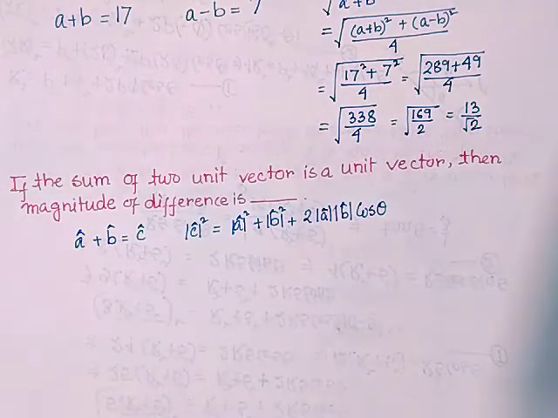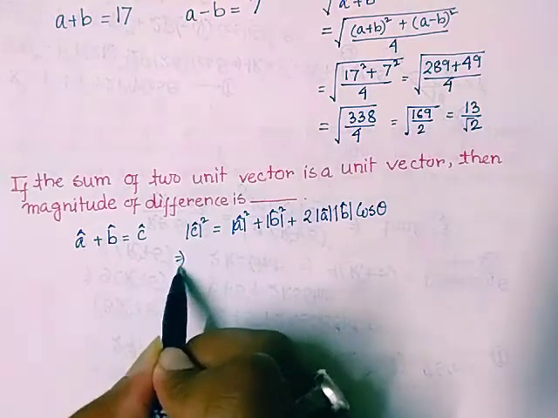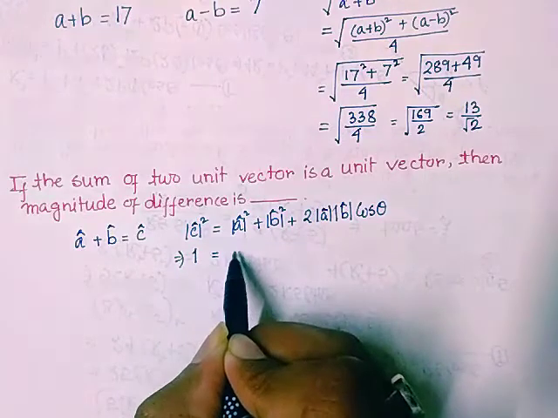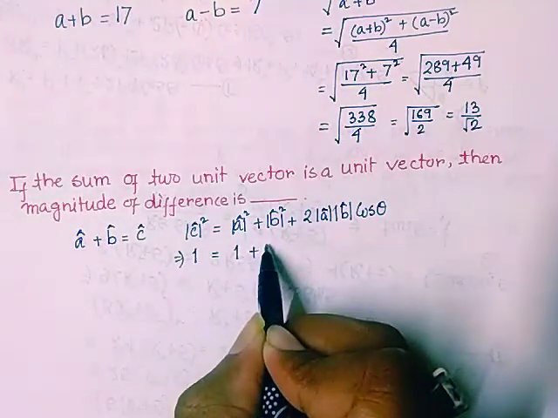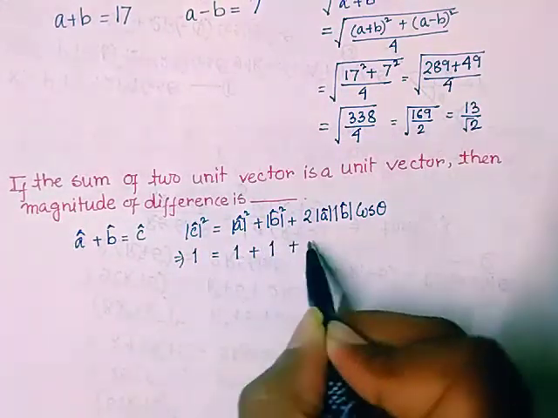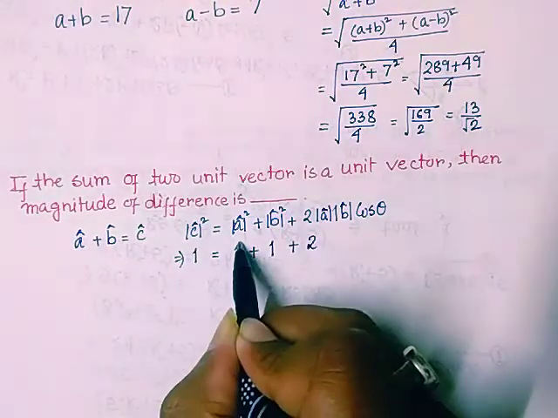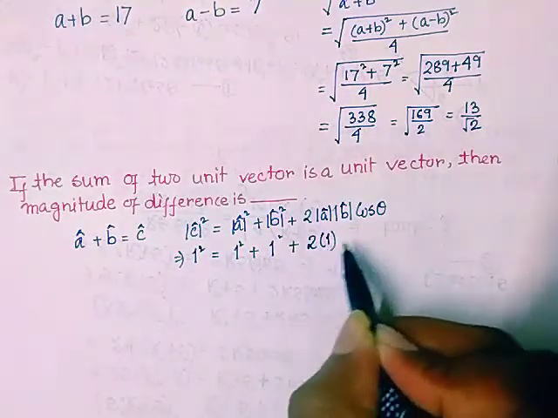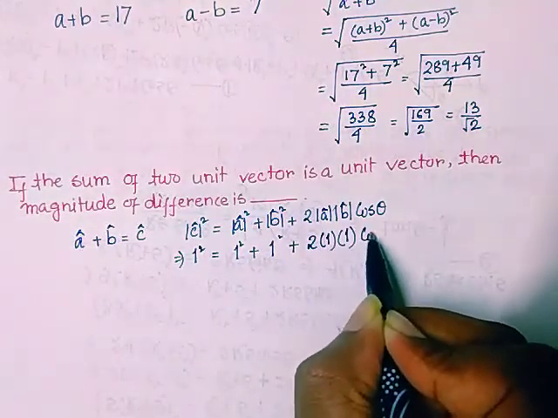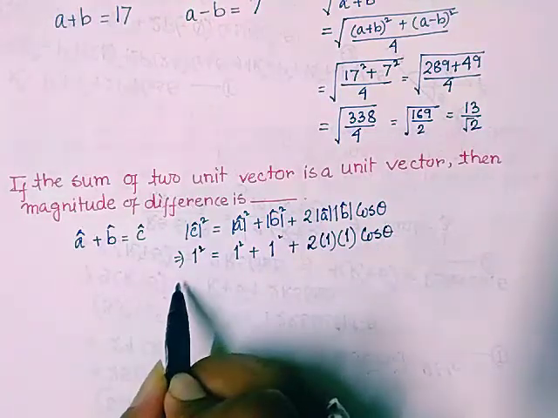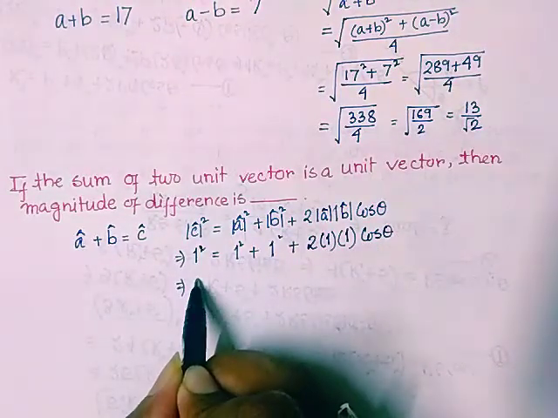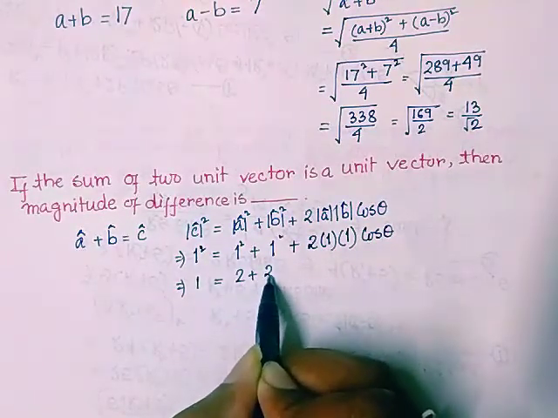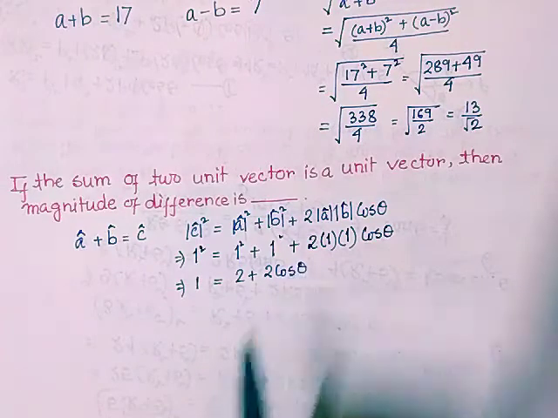So we can write down the magnitude of c cap. C cap is a unit vector, so 1. A cap is again a unit vector, so 1. B cap is again a unit vector, 1. So 1 square basically becomes 1. So here is also 1, here is 1, and it is cos theta. So it will become 1 equal to 2 plus 2 cos theta.